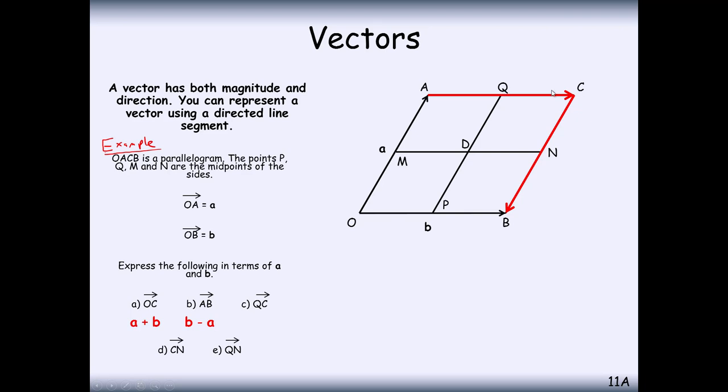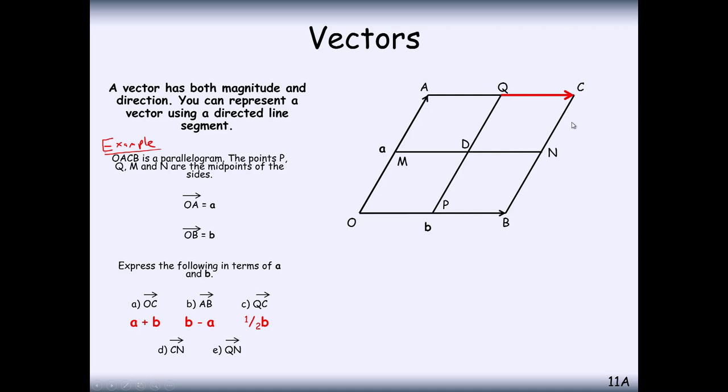QC. Now AC is b, Q is halfway through, so that's going to be half of b. So QC, there we are, it's half of b. CN is running in the opposite direction to AM, to MA, opposite direction to MA, CN.